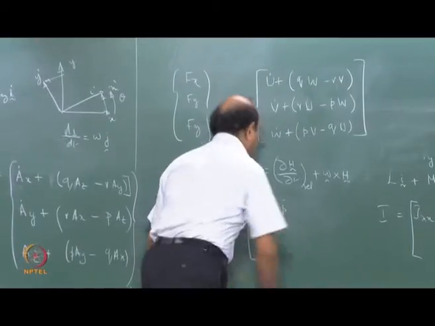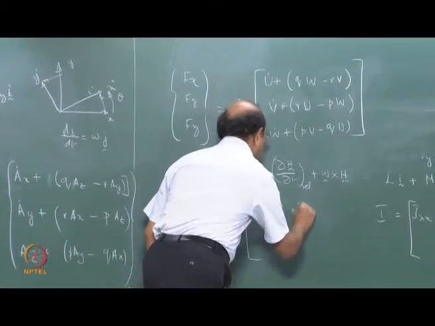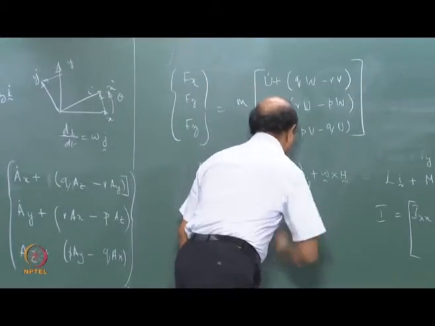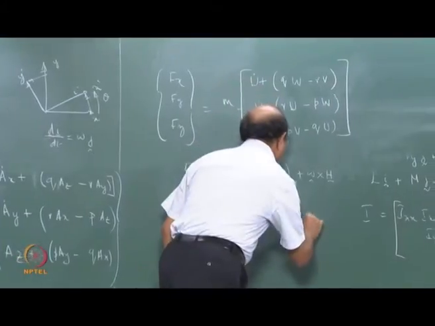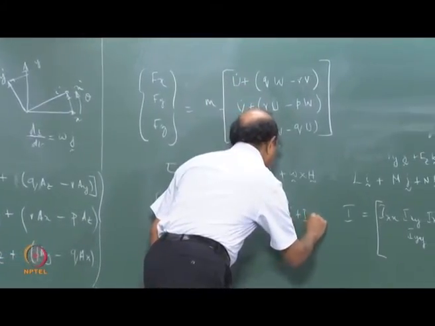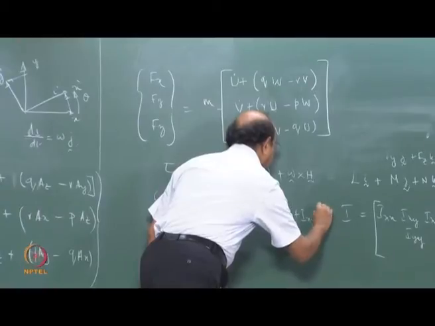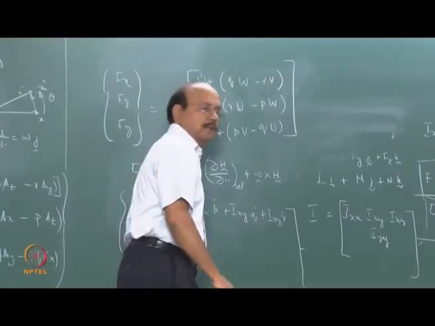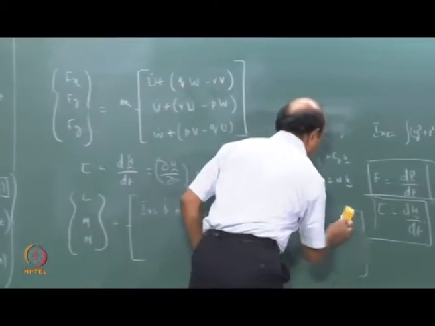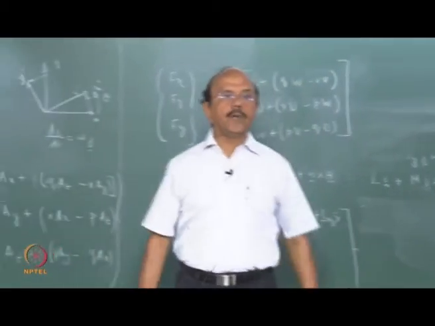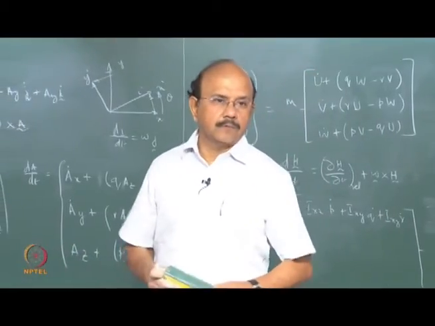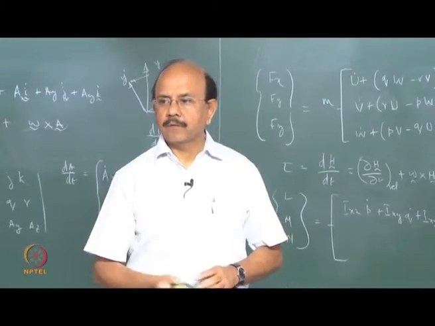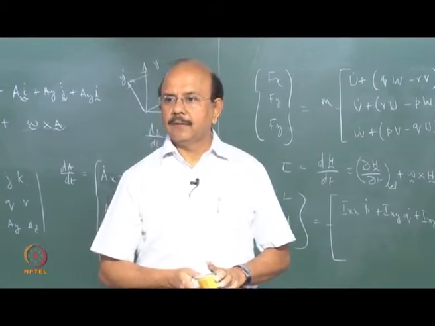Ixx P dot plus Ixy Q dot plus Ixz R dot. That's the first term in the vector, plus write down omega cross H. Right?